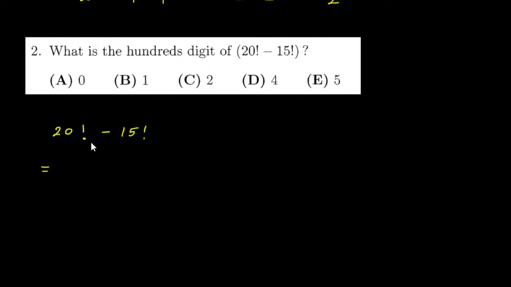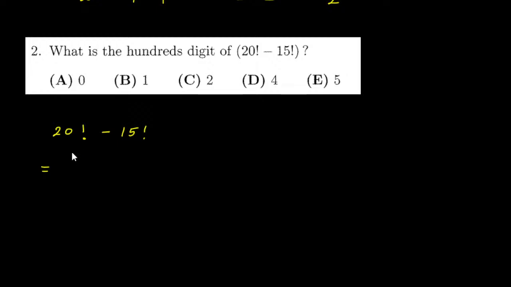Actually I have to see how many times I get 5 and how many times I get 2 as a factor for this 20 factorial. So when I say 20, 20 is 2 times 5. So I get 2 two times and 5 one time.